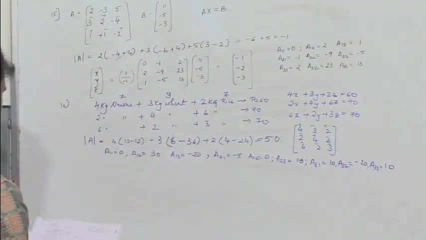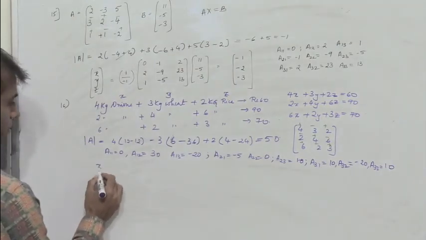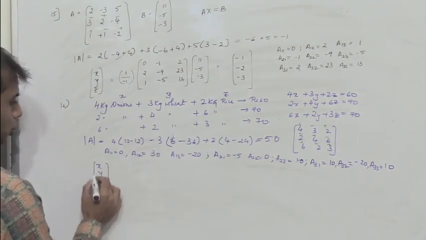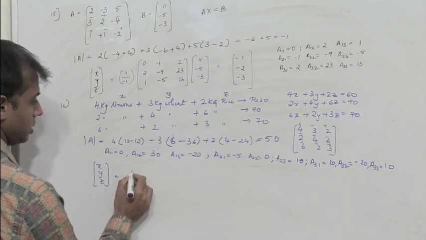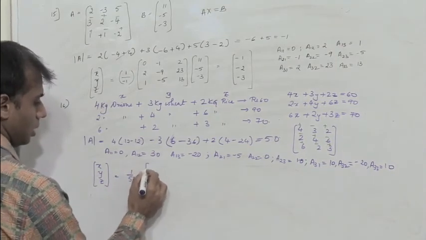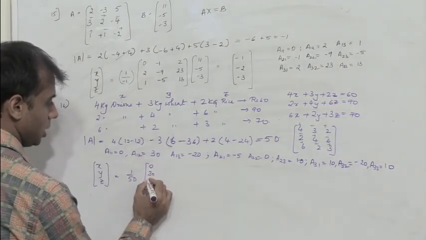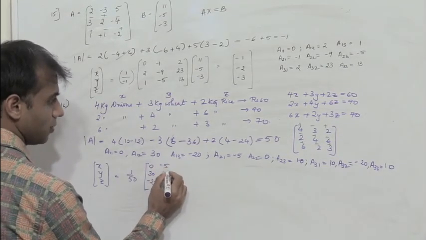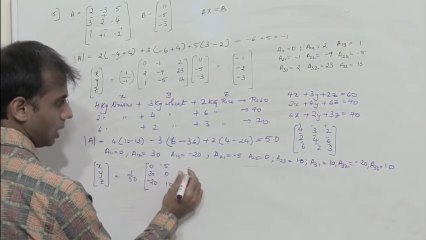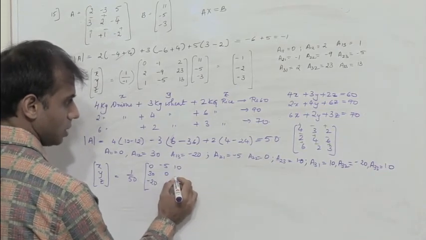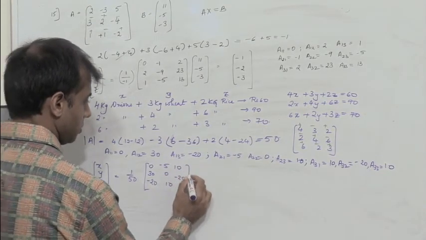Right? So we can find the value of x, y, z, which is 1 by determinant, 1 by 50, adjoint A, writing them column wise, 0, 30, minus 20, minus 5, 0, 10, and then we have 10, minus 20, 10.